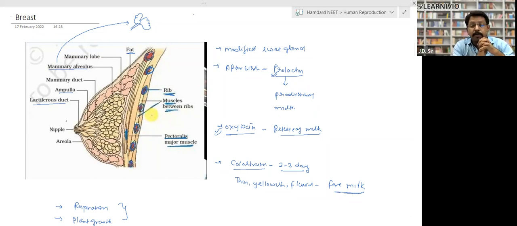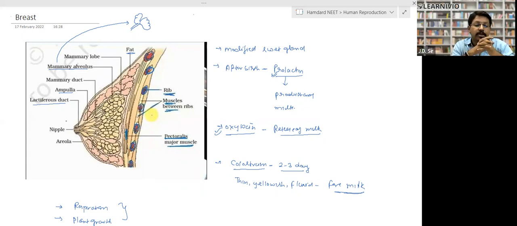Why? Because when the child is born, after relaxin is released, a hormone called prolactin is secreted, and prolactin is responsible for production of milk. And oxytocin, one more hormone, is responsible for releasing the milk, right?